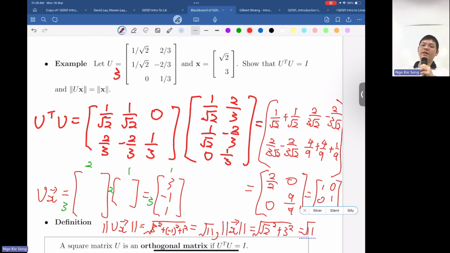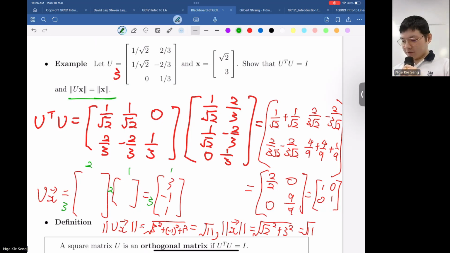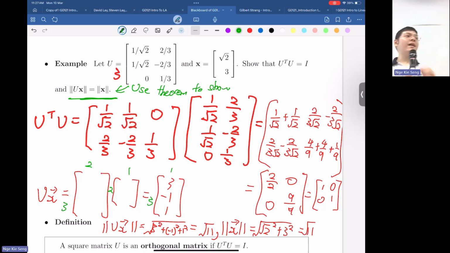But there is a quicker way to show this. You can use a theorem. How to use the theorem here? There's a quicker way to show the second statement. Want to try, Edward?